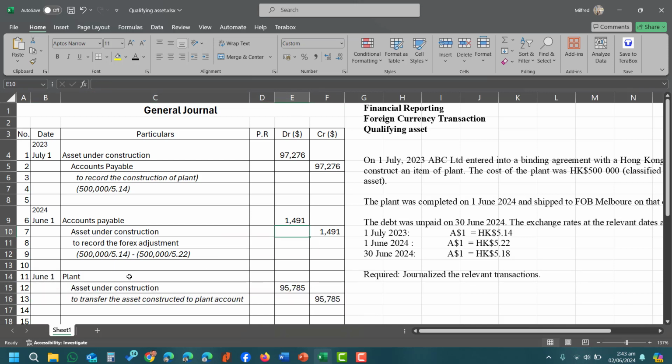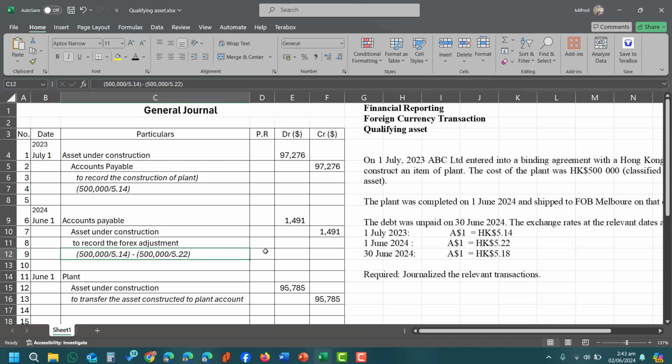From 97,276, you will need to pay only 95,795. So it's kind of a gain on your part because you will pay a lesser amount than the original amount that you recorded.